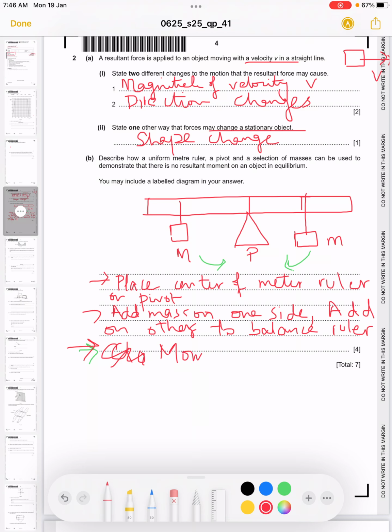I hope everyone knows the formula for the moment. Moment equals force multiplied by the perpendicular distance from the pivot.